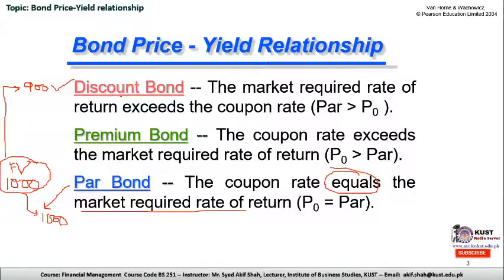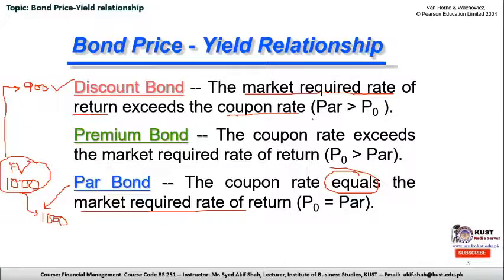Looking at another perspective, when the market required rate of return, which I have explained before, exceeds the stated coupon rate on the bond, like we can say that the par value is greater than the P0, it means that the bond is going to sell at a discount price.